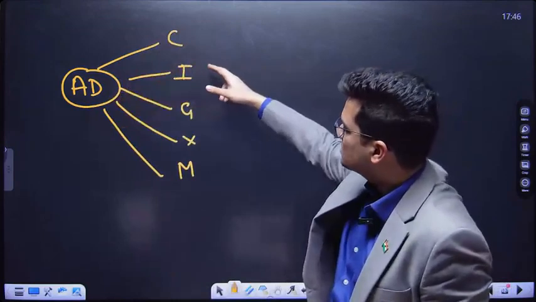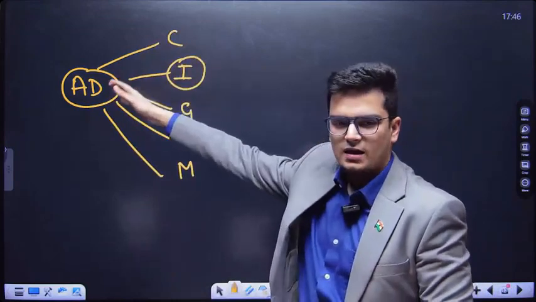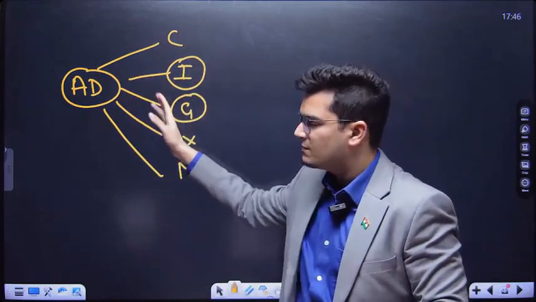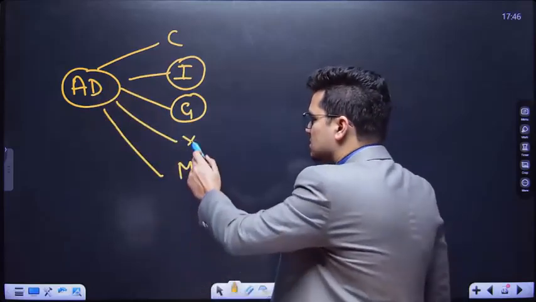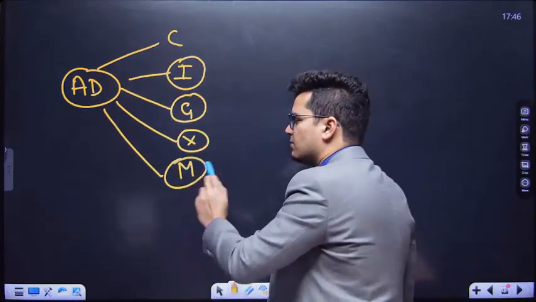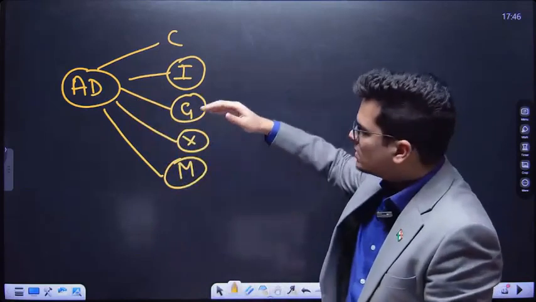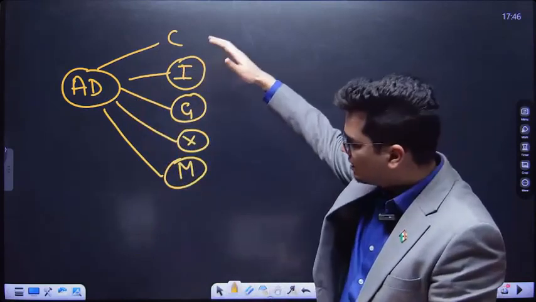If anything changes investment, it will change aggregate demand. If anything changes government spending, it will change aggregate demand. If anything changes exports, it will change. If anything changes imports, it will change aggregate demand. So it is always better to remember in terms of components.